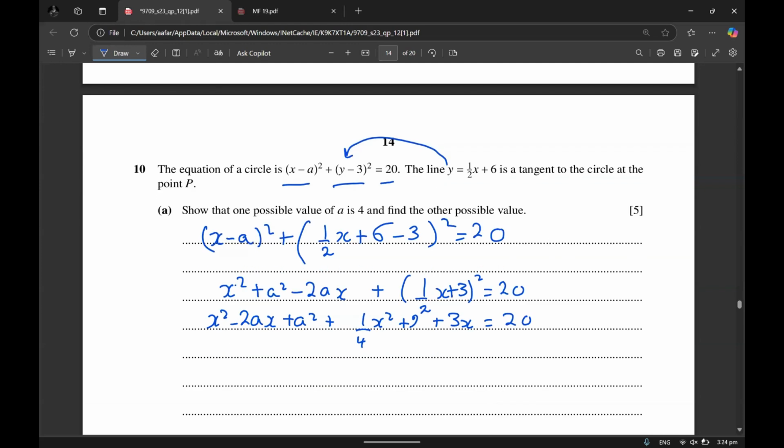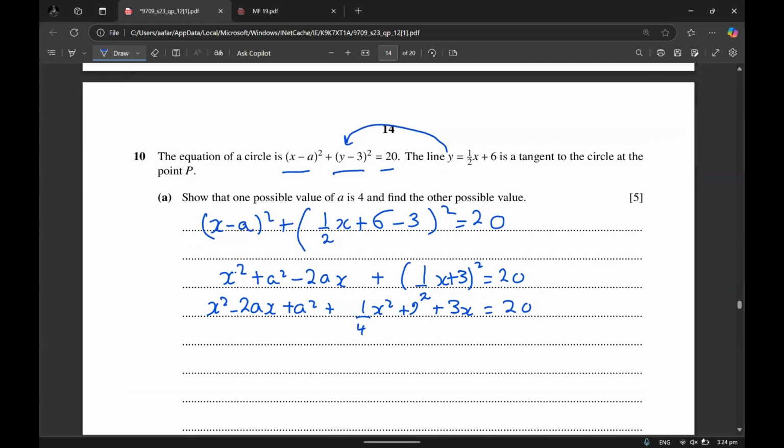So 20. Now 1 over 4 x square plus 3x minus 2ax plus a square plus 9 minus 20 is equal to 0.